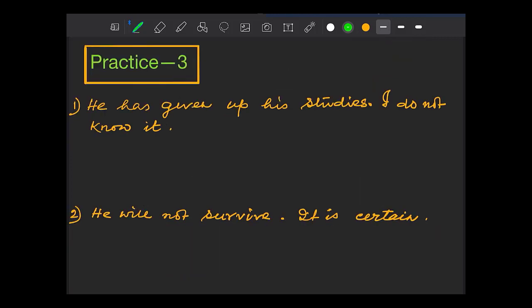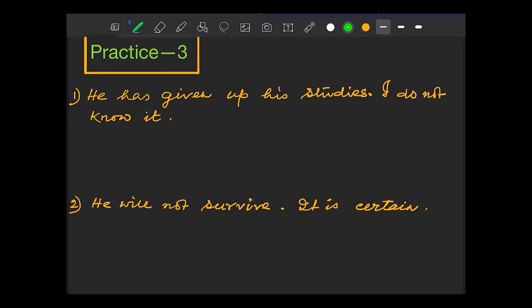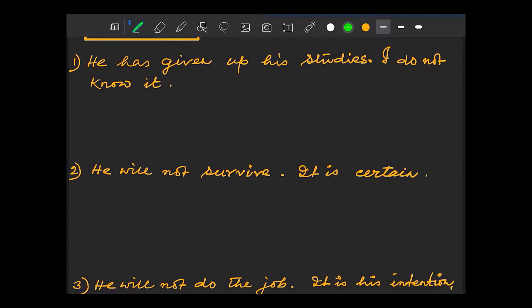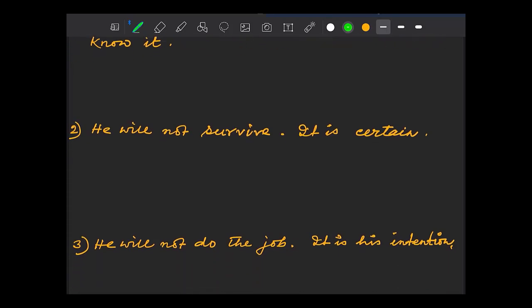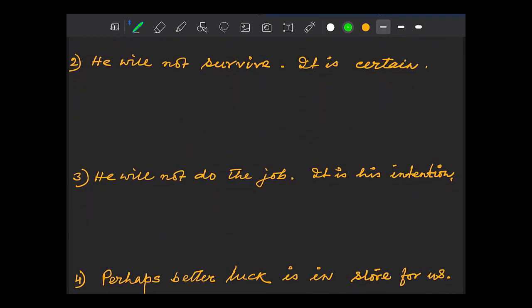Now go to the next sheet. See what is there. He has given up his studies. I do not know it. Copy them as usual, as you are doing in your exercise book. Then do the works. Then check your works with my works. Number 2, he will not survive. It is certain. Number 3, he will not do the job.